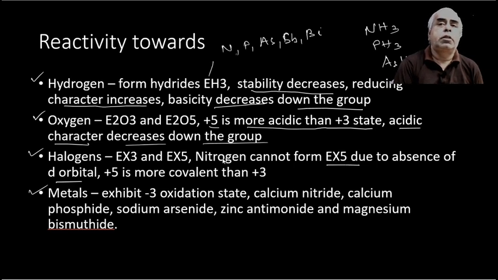Whereas phosphorus and other elements can form phosphorus trichloride PCl3 and phosphorus pentachloride PCl5. So this is possible. And the +5 oxidation state is more covalent than the +3 oxidation state in the case of halides.